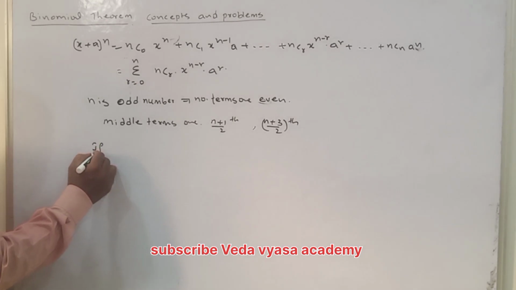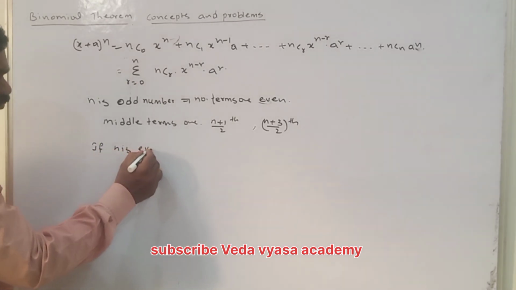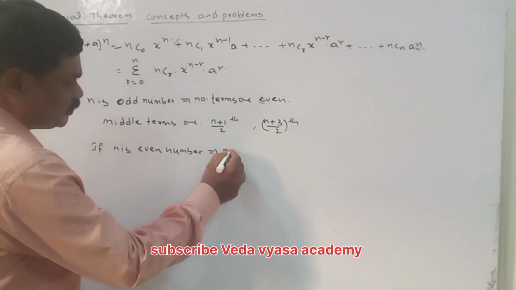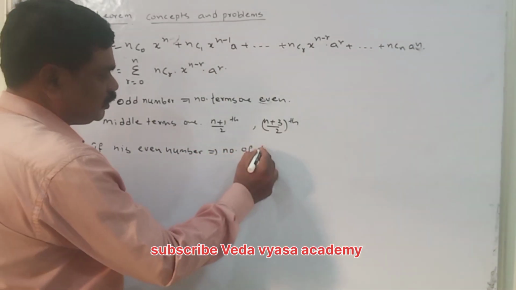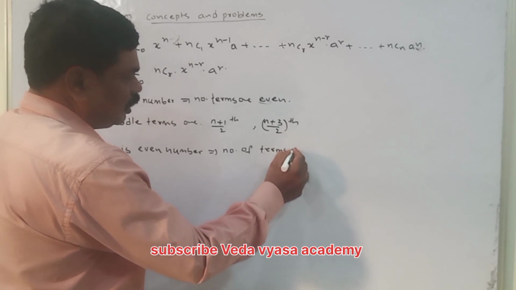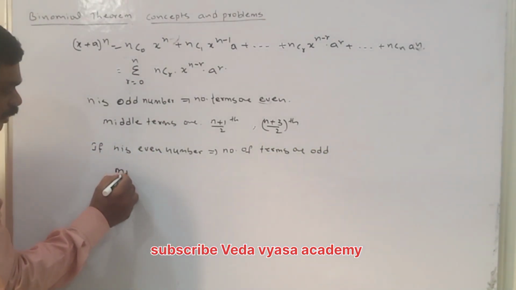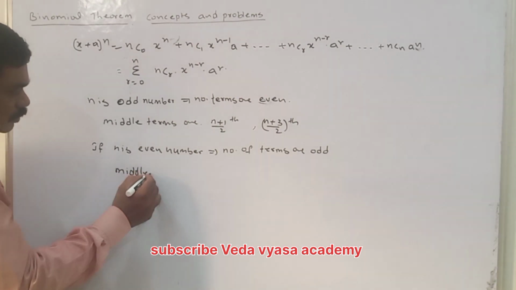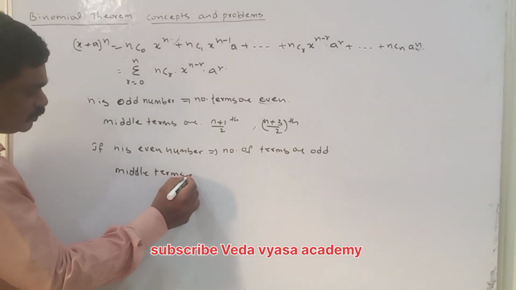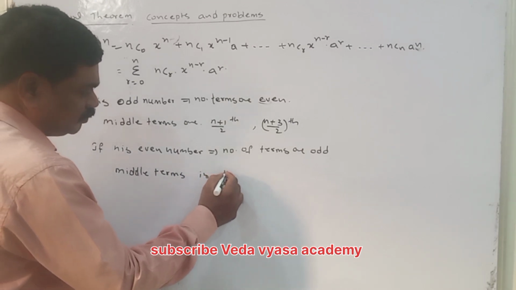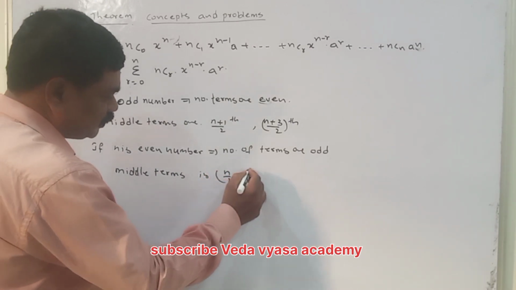If n is an even number, the number of terms is odd, then the middle term is only one, that is the (n/2 + 1)th term.